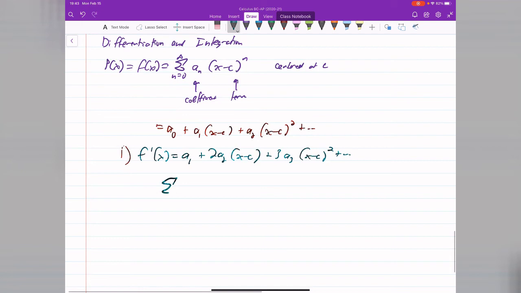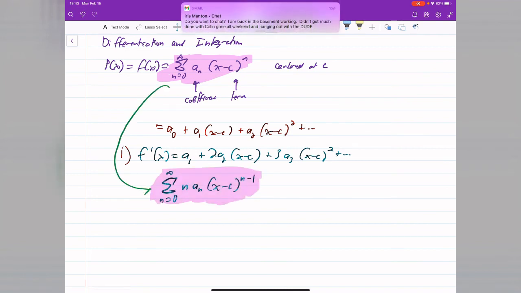I could summarize that by saying that I have the sum from n equals 0 to infinity of n a sub n times x minus c to the n minus 1. Seems complicated, but you can go from this original series directly to here. That's the power rule from when we first learned differentiation over a year ago. So one leads directly into the other.